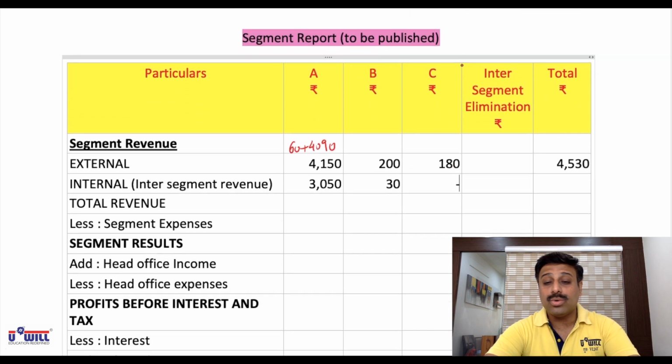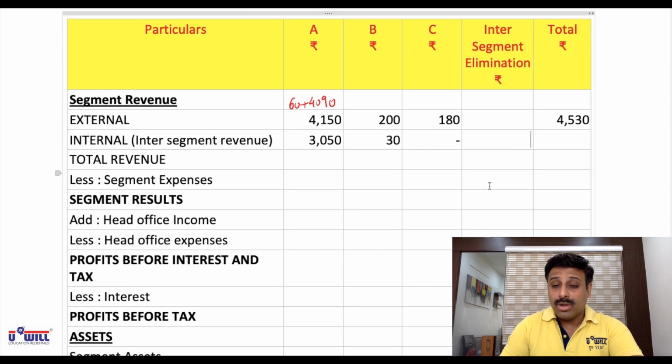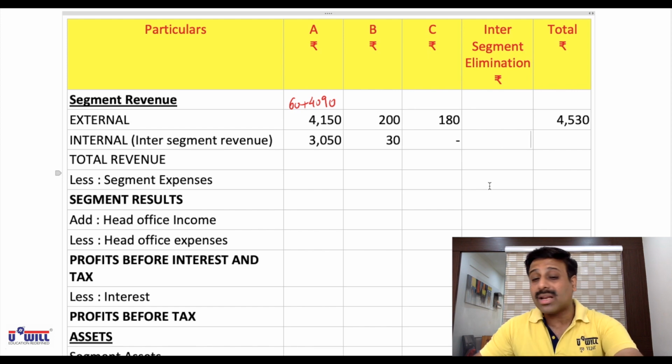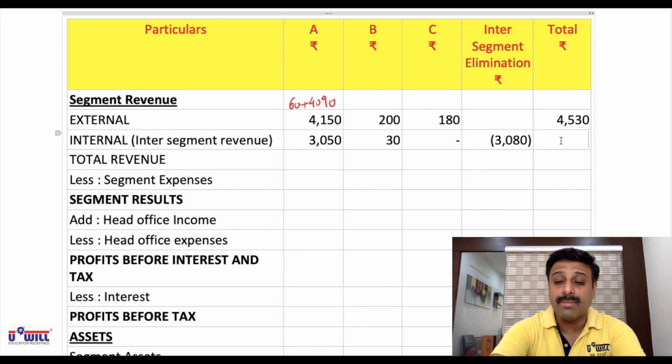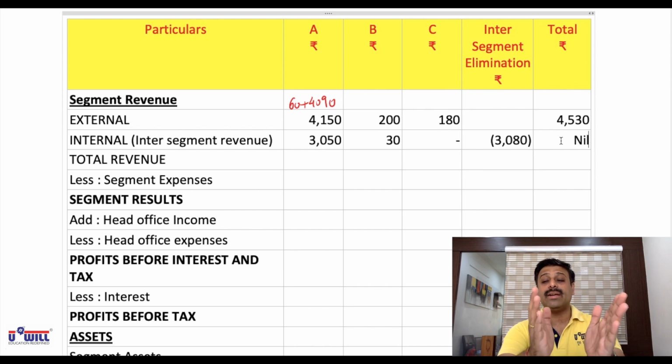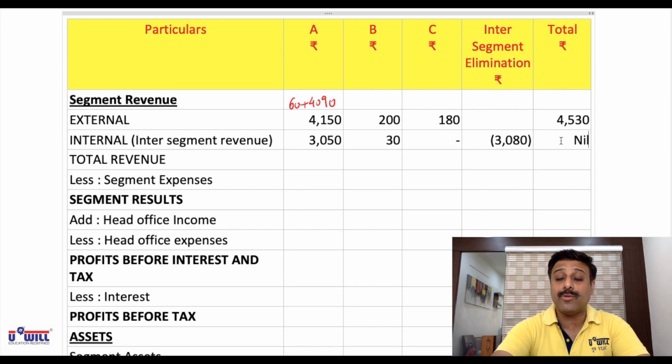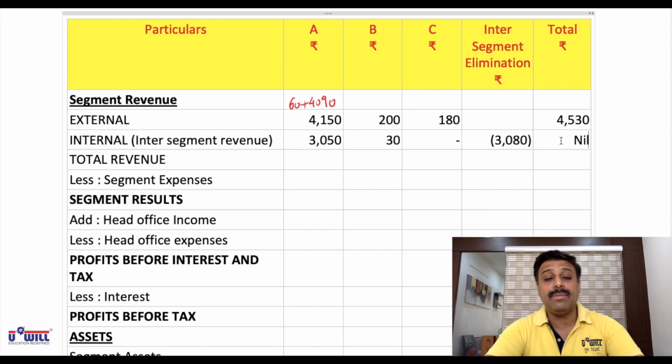Okay. So, inter-segment elimination. Now, double counting will not take place. So, 3050 plus 30, from the revenue of the overall company 3080 is to be eliminated. So, write it in bracket. And here it will come nil, because that inter-segment revenue from the total sales of the company, 4530, will get eliminated, so internal sales will not be included, right?